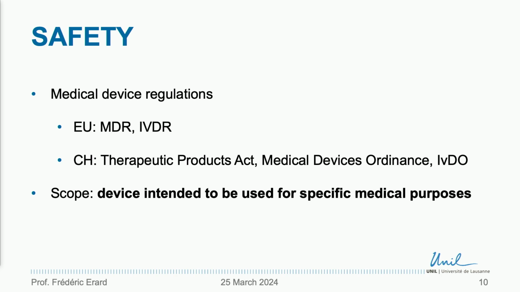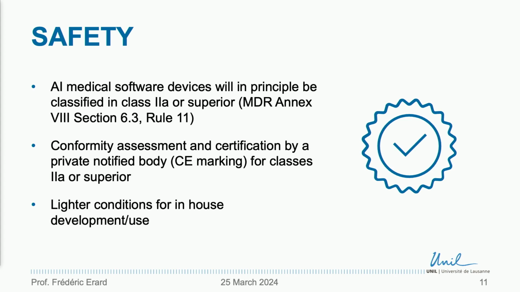The first question we try to answer is, does my device enter into the scope of this regulation? And usually it depends on the intended use of the device. I'm making it simple here because there are a lot of small things to take into account, but if it's made for specific medical purposes, then it will enter into the scope of this regulation.